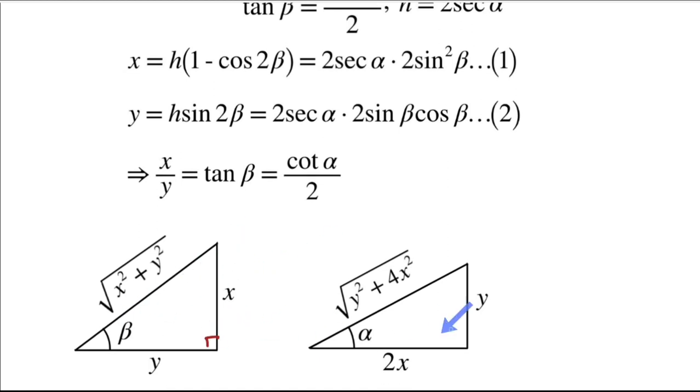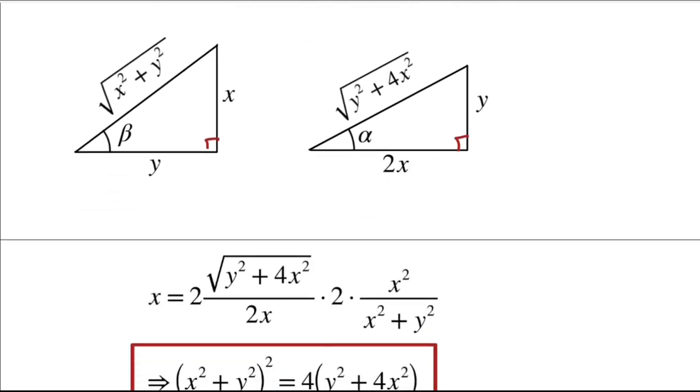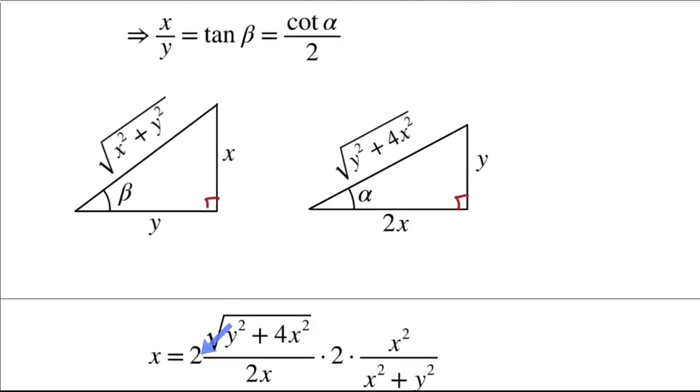So from these right angle triangles I can determine any value of sine, cos, cot, etc. So I will just substitute the values from these two triangles, let us say in x, right? So x is equal to 2 sec alpha into 2 sin square beta. If I start substituting the values of sec alpha and sin square beta from these two triangles, I will get something like this, x equal to this.